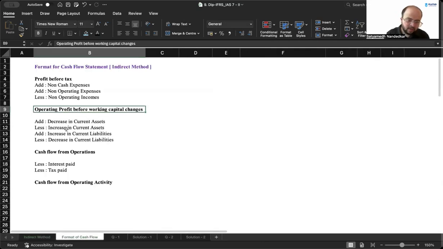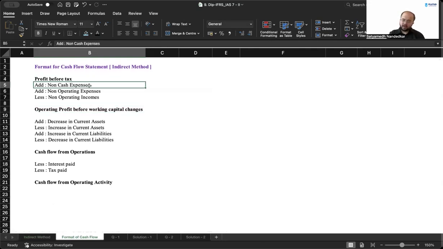So what does this look like? The format for cash flow statement using the indirect method: profit before tax, add non-cash expenses, add non-operating expenses, less non-operating incomes, you get operating profit before working capital changes. Then this rule: add decrease in current asset, subtract increase in current asset. Just remember that decrease in current asset is to be added.